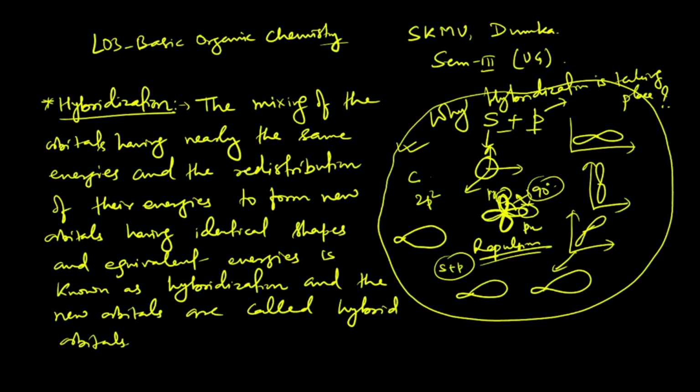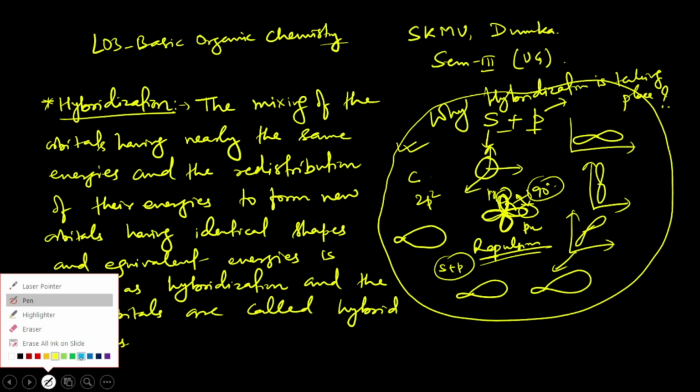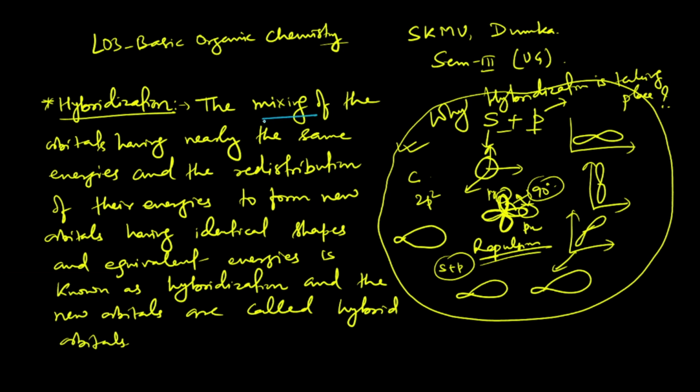As I told you, it is the mixing of orbitals having nearly the same energies. Nearly the same energies means one will be s and one will be p, but within the same shell. If you are taking 2s, then with 2p. If you are taking 3s, then hybridization will take place with 3p, correct? And the redistribution of their energy.